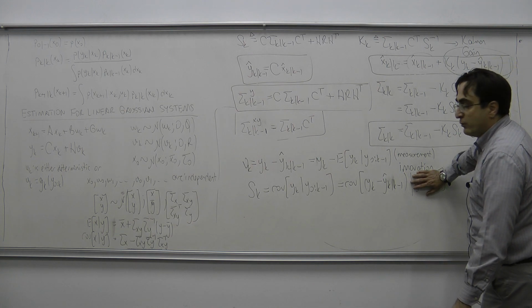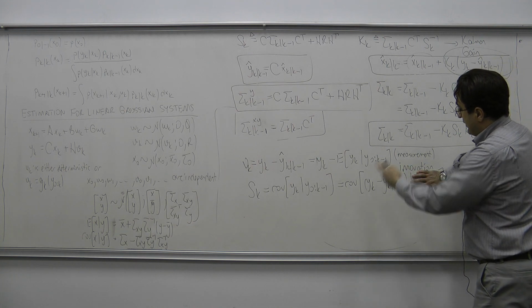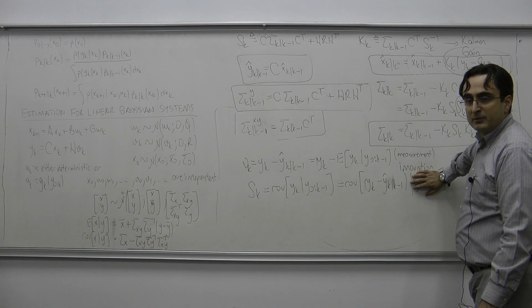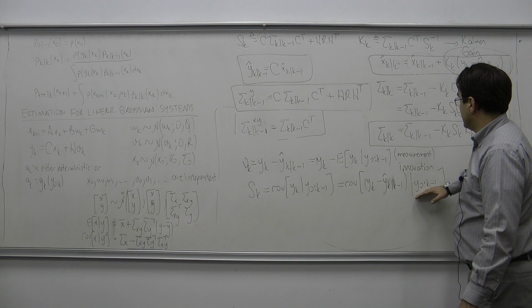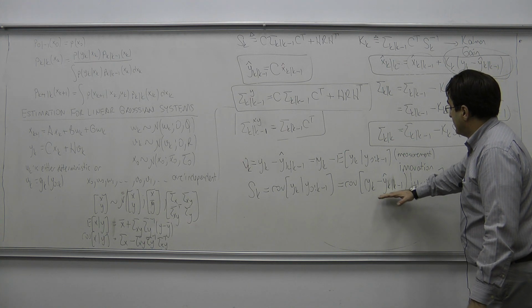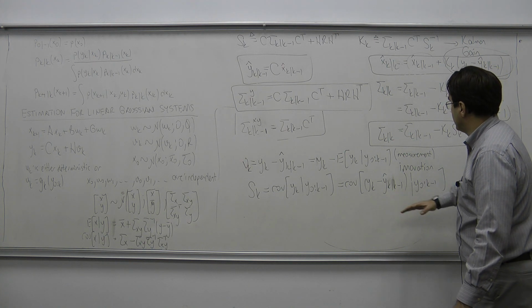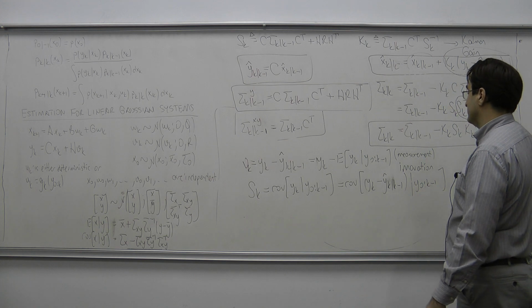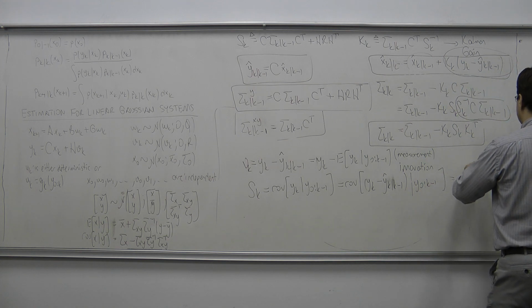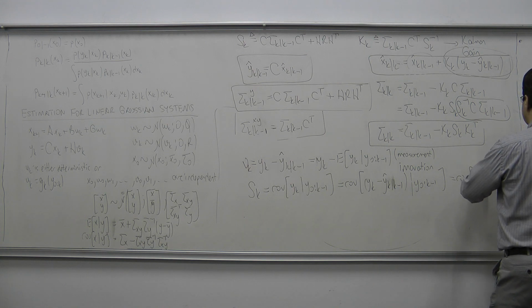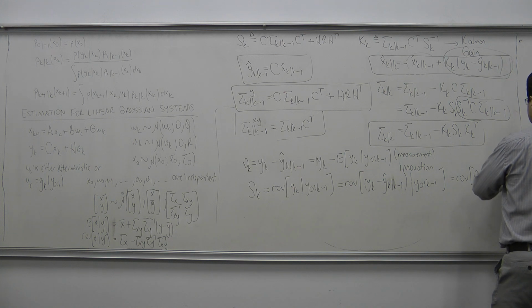If this conditioning wasn't here, then the covariances might not be the same. But here, because of this given conditioning, and this y hat is deterministic with respect to this given condition, that is nothing but the covariance of the innovation k given y0 to k minus 1.